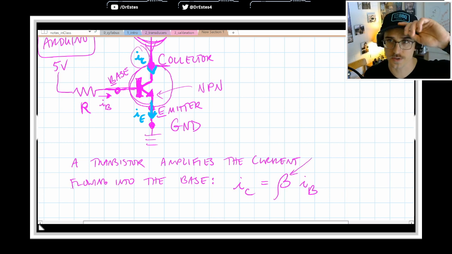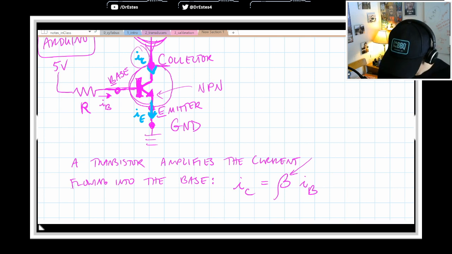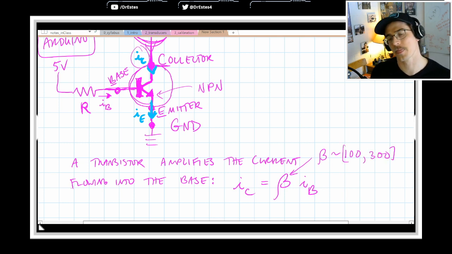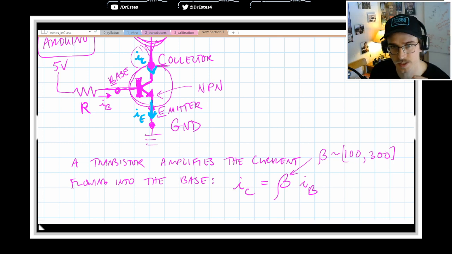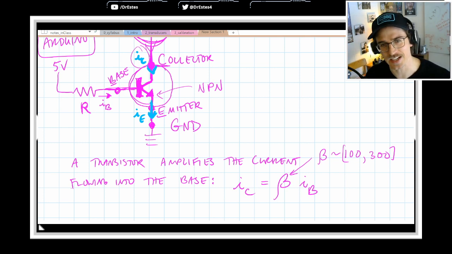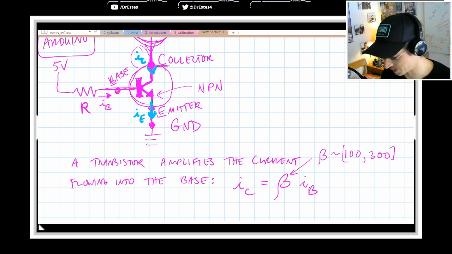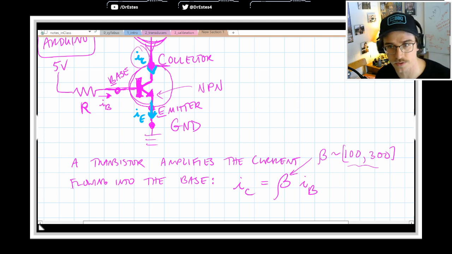For the transistor in your kit, beta is somewhere between 100 and 300. And it changes too. For the same transistor, it can be different depending on how much current you're providing. So it's hard to say exactly how much the amplification is, but it's somewhere between 100 and 300.